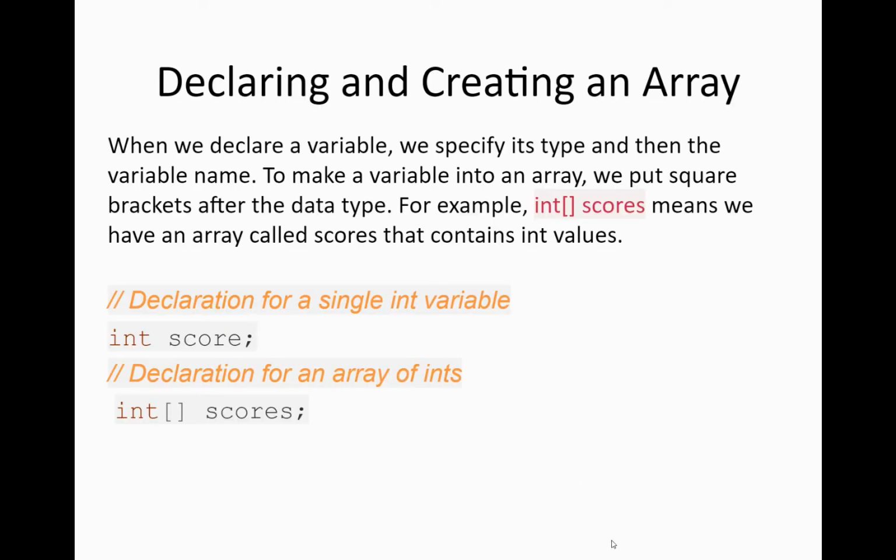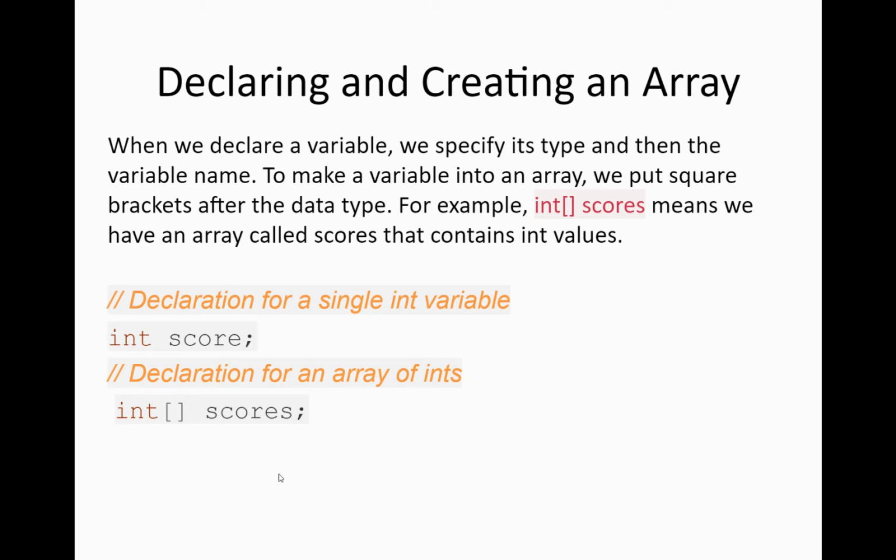So let's declare an array. All right, so for declarations here, I am declaring a single variable of the int data type called score. If I want to declare an array of ints, then I would write int, open bracket, close bracket, scores. And that would declare an integer array.